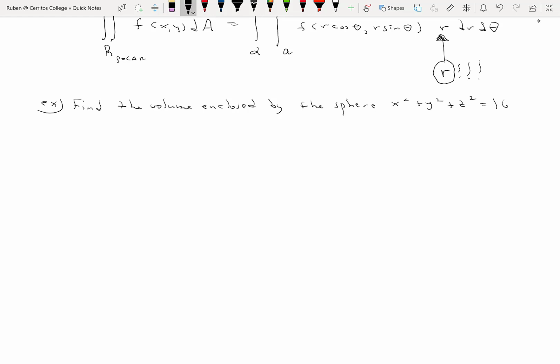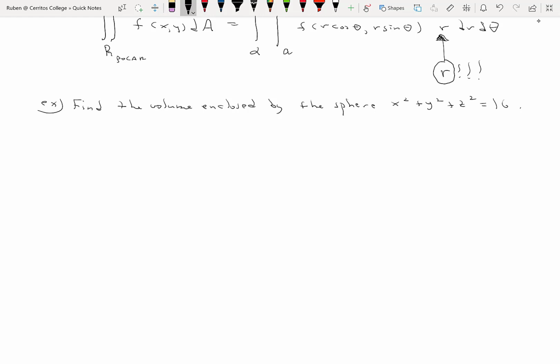To find the volume of this sphere, we're going to find the volume of the upper half of the sphere, because the upper half of a sphere can be viewed as a function of x and y. Z is a function of x and y, and then we'll multiply that result by 2.